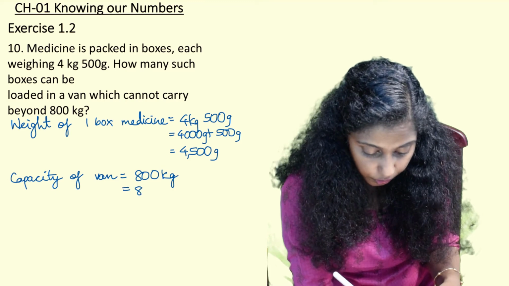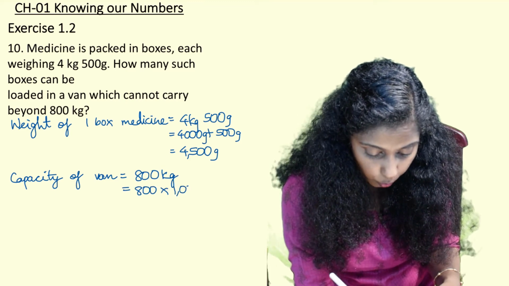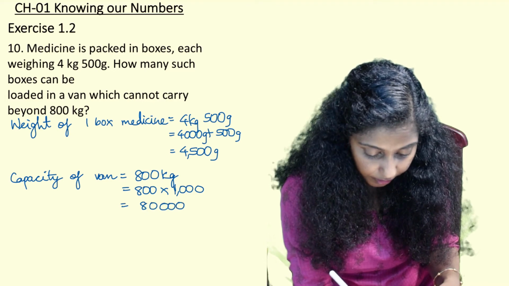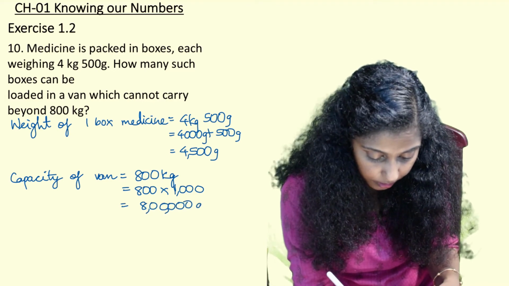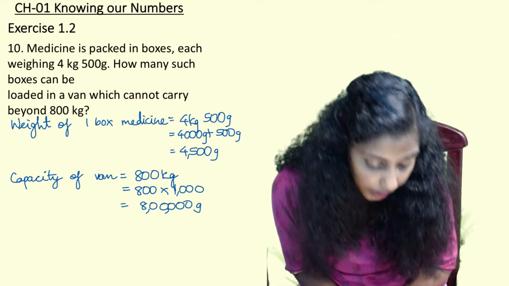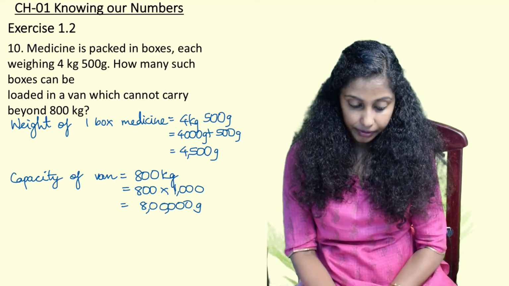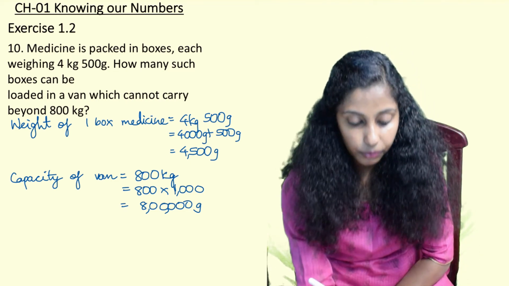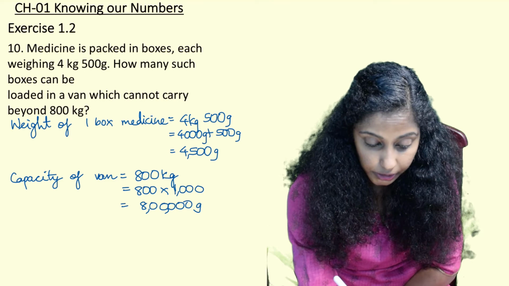Now we have to convert: 800 multiplied by 1000. So we get 8 ones are 8 and then we write 5 zeros. So 8 lakh gram. Here what we need to do is we are going to divide it. Why are we dividing? Because this van is going to carry boxes up to its capacity.